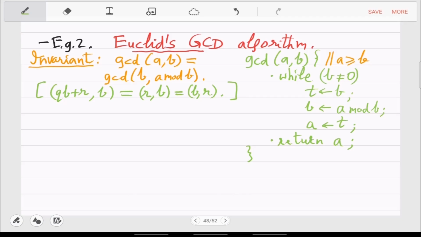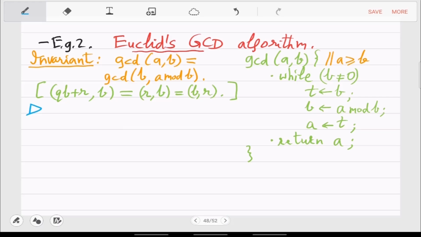So that's the invariant. So when the second number becomes 0, then you are talking about B comma 0's GCD, right, which is B. So that's the return value.